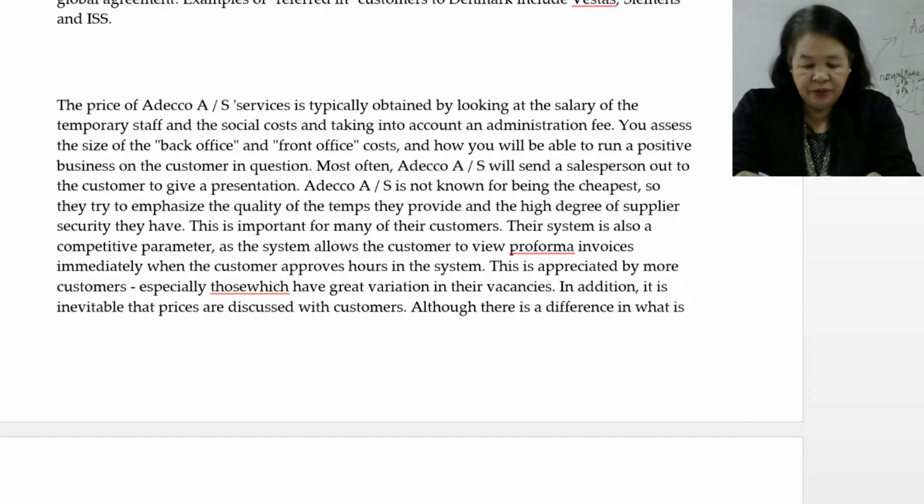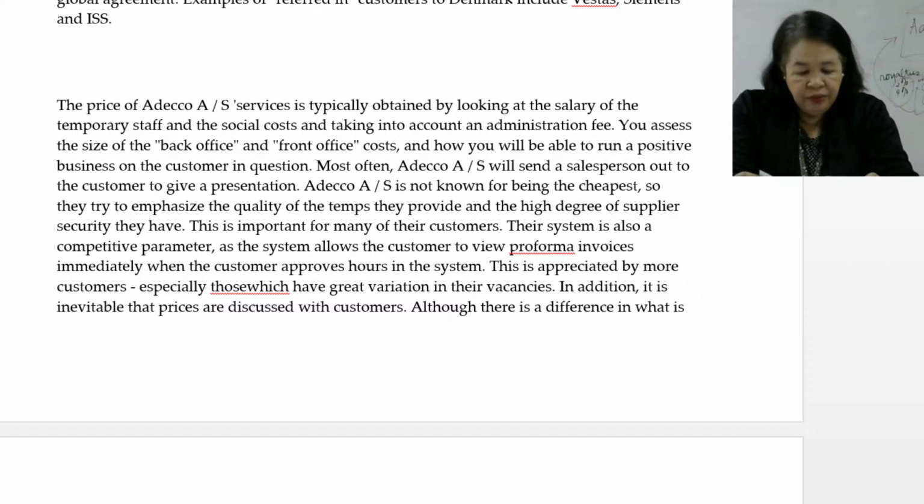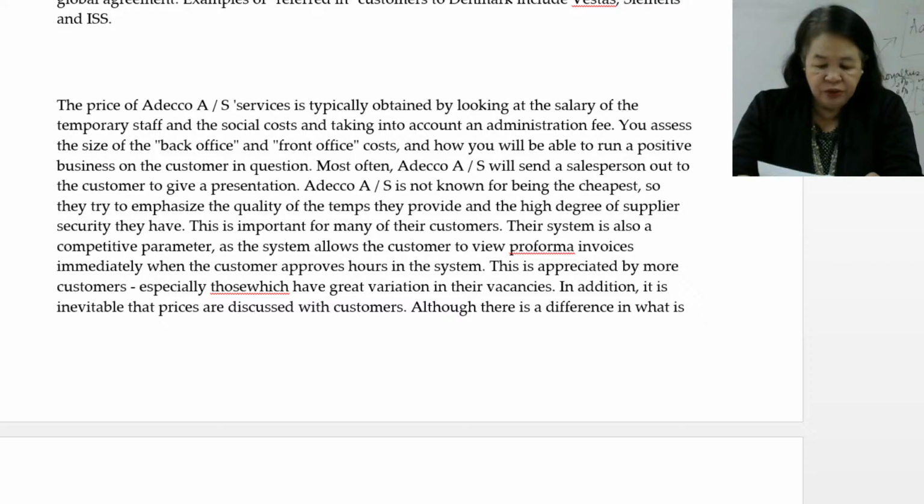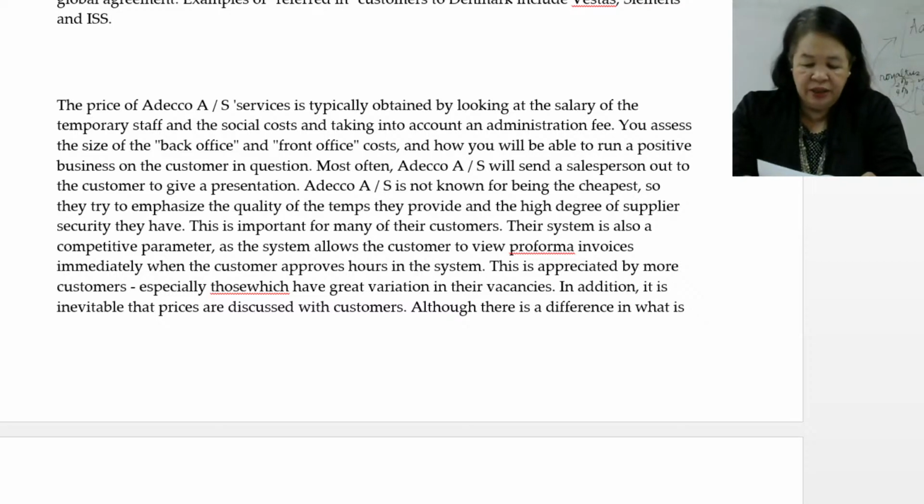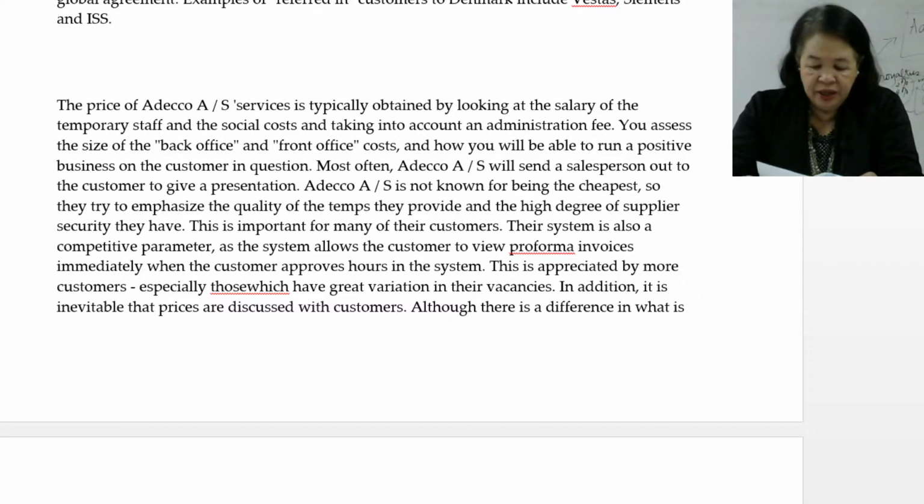Most often, Adecco AS will send a salesperson out to the customer to give a presentation. Adecco AS is not known for being the cheapest, so they try to emphasize the quality of the temps they provide and the high degree of supplier security they have. So this is important for many of their customers.